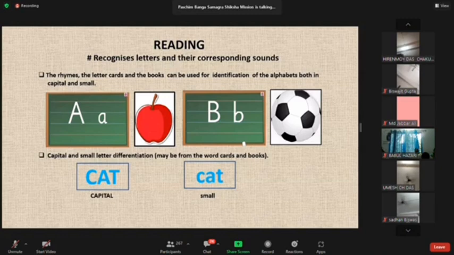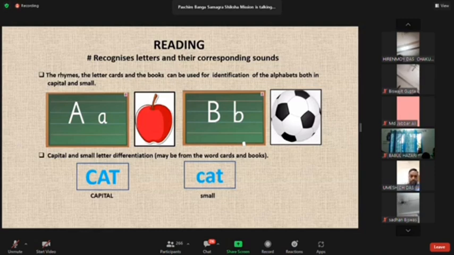And one more activity is very familiar with them: we can provide them some blocks or some cards of capital and small letters by mixing them, and tell them that they have to pick up the small e. Suppose we ask them to pick up the small e and come to me. If they are able to do it rightly, then it is proved that their learning of identification or recognition of the letters has been completed.